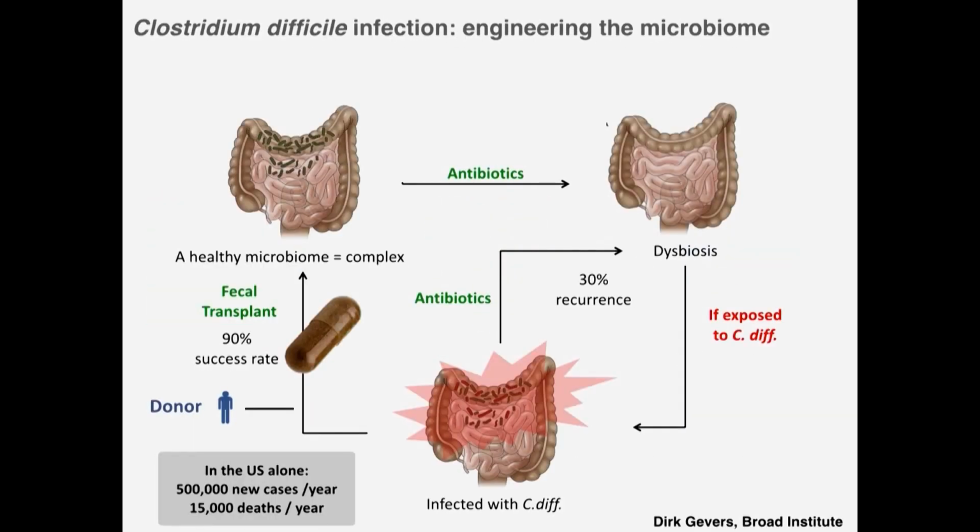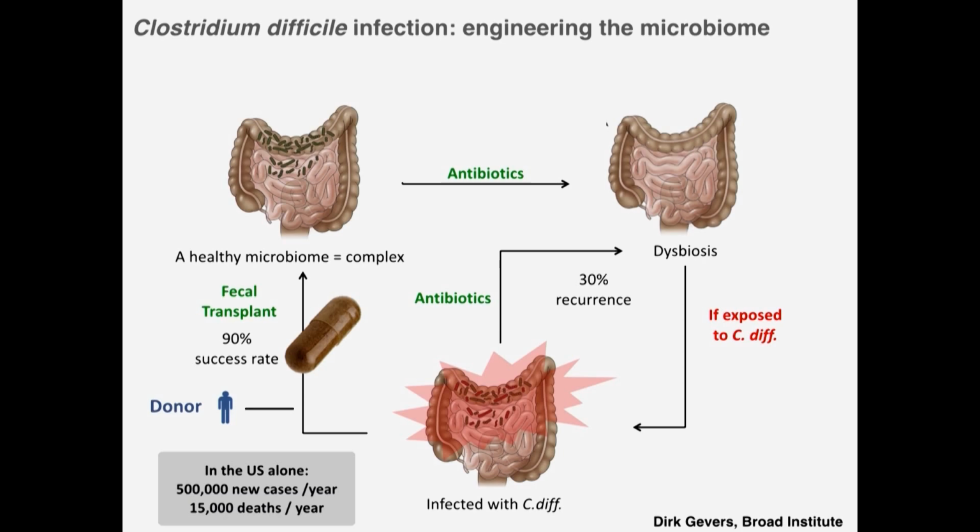Now I'm going to tell you about a project that I've been working on. It involves a Clostridium difficile infection. Clostridium difficile is a pathogen, and it's the leading cause of antibiotic-associated diarrhea.